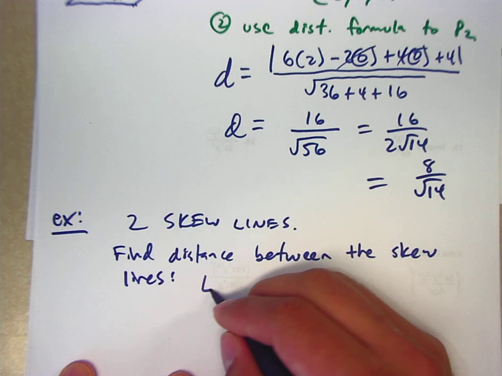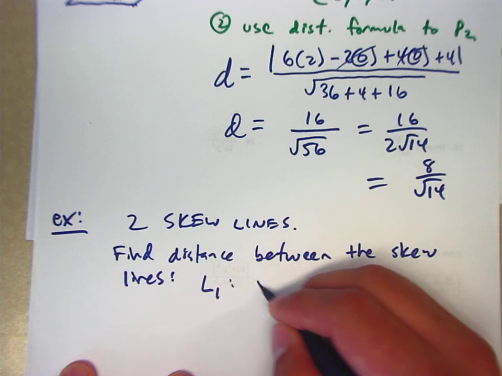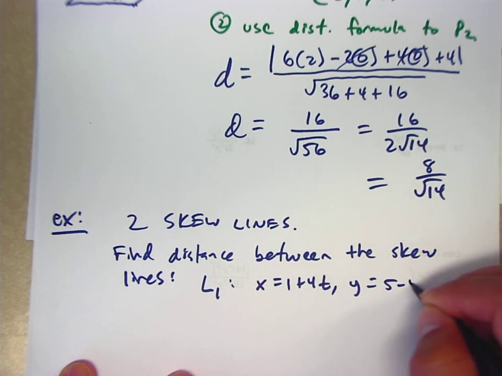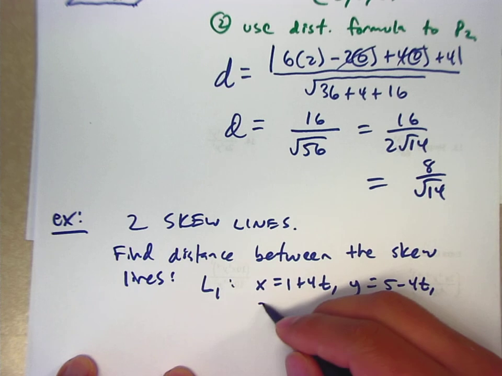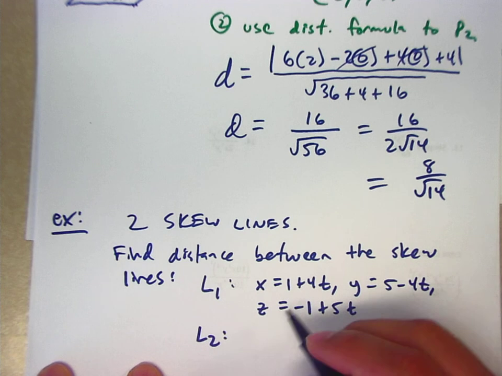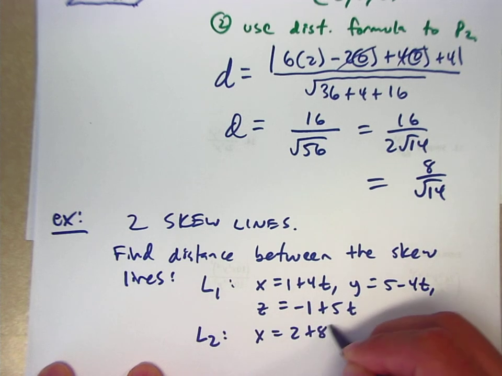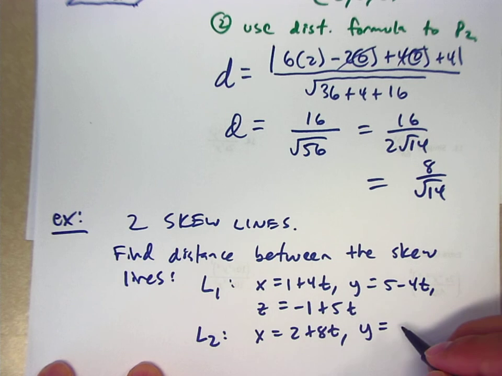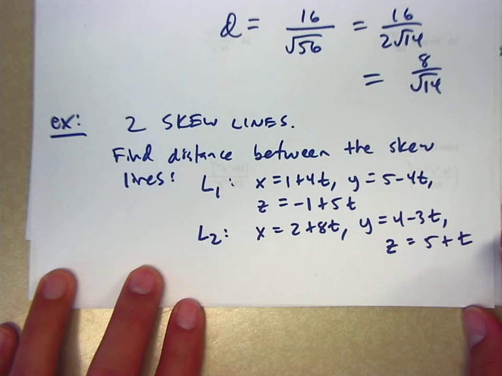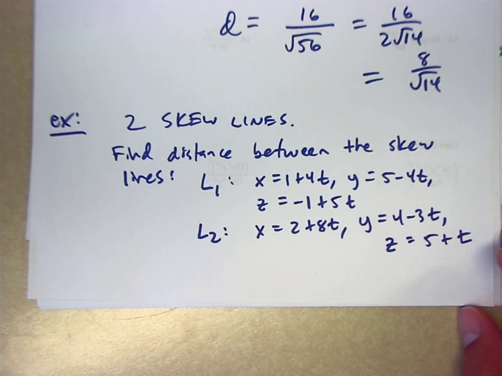So for line 1, we're going to have x equals 1 plus 4t, y equals 5 minus 4t, and z equals negative 1 plus 5t. And for the second line, we're going to have x equals 2 plus 8t, y is going to be 4 minus 3t, and z is going to be 5 plus t. Now you don't have to prove that they're skew like we did earlier. We're told that they are, so we're going to assume we have skew lines.